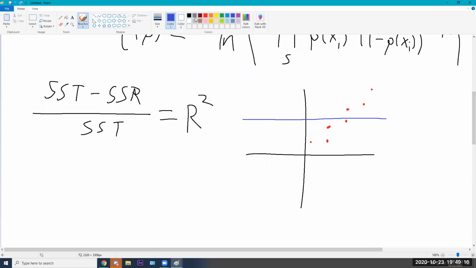The SST is just the sum of all the squares of the total distances from the values to the mean line, right? So you take all these differences and you square them. And then the SSR is the least squares, right? And so that would be like this, and you'd be getting all these differences and squaring them.